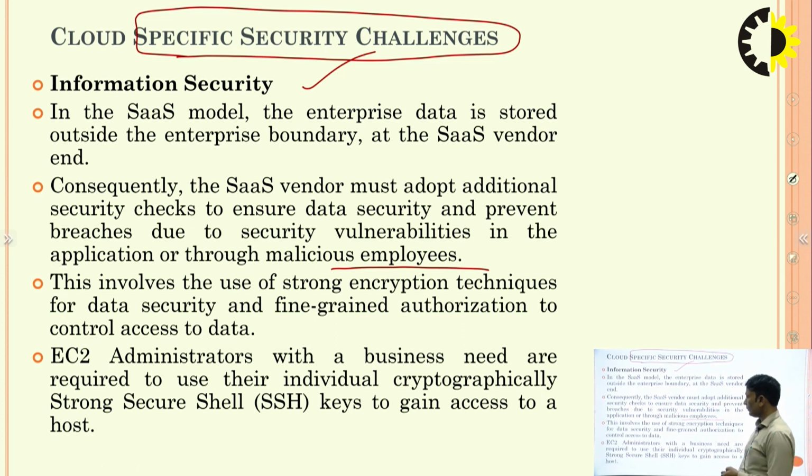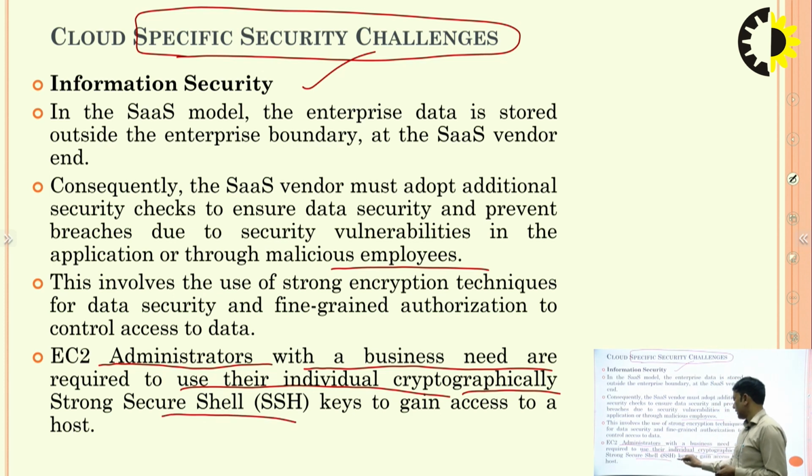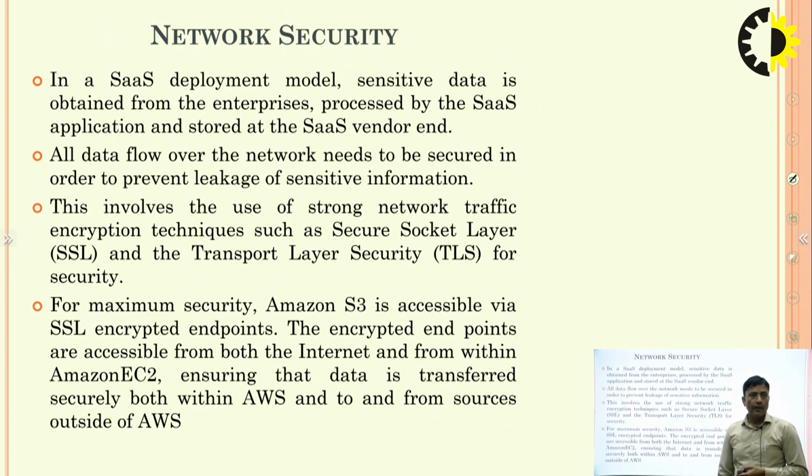Okay. For example, EC2 administrators with a business need are required to use their individual cryptographically strong Secure Shell, SSH, keys to gain access to a host. Network security. So in the SaaS model, sensitive data is obtained from the enterprise, processed by the SaaS application and stored at the SaaS vendor end.